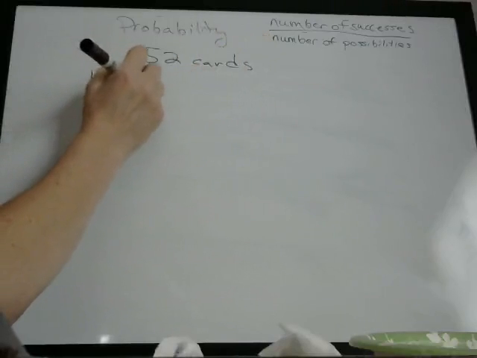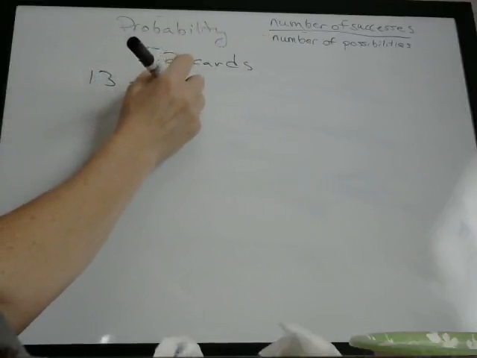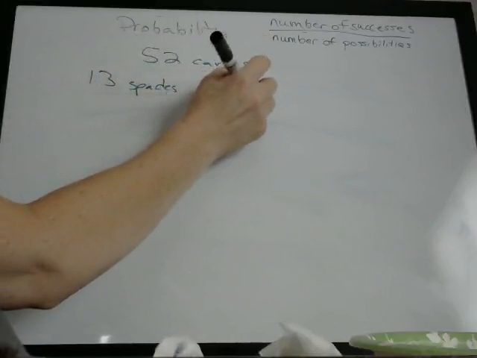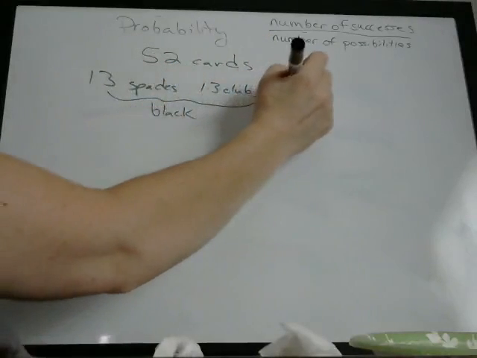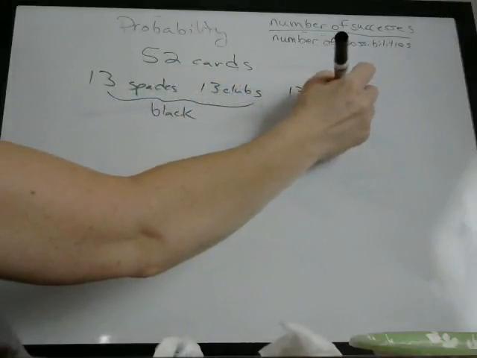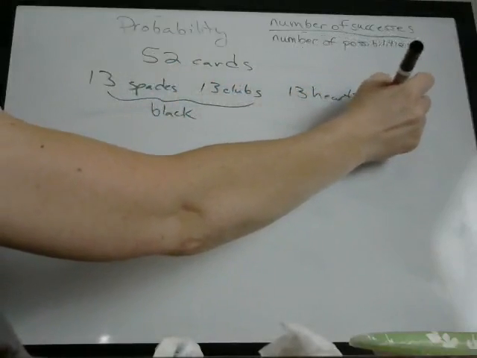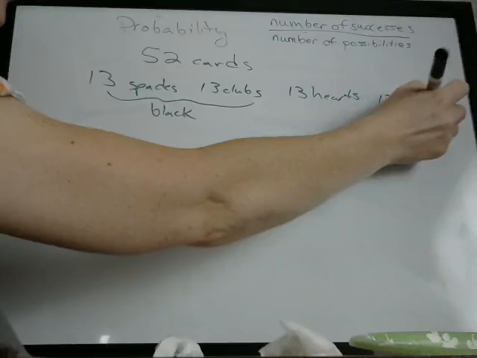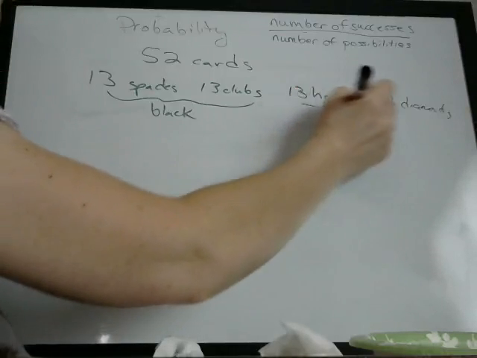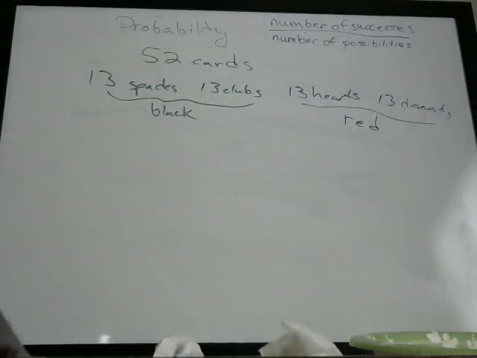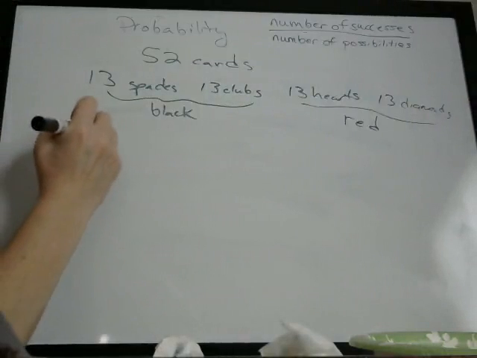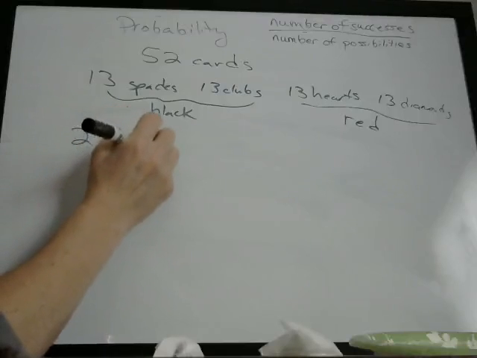There's 13 spades, 13 clubs. These are black cards. There's 13 hearts and 13 diamonds. These are red cards.